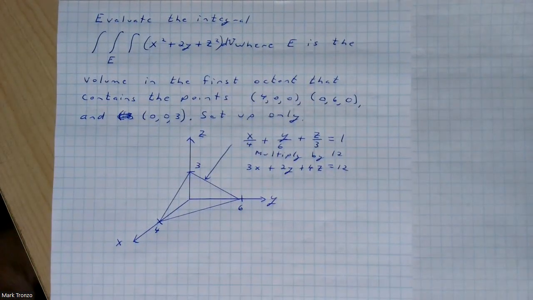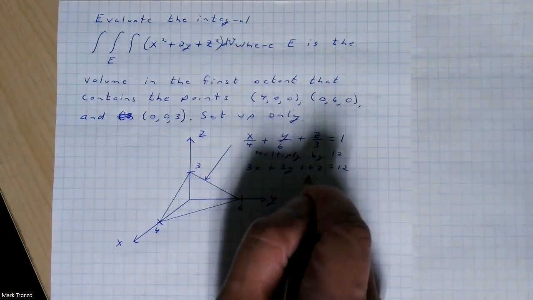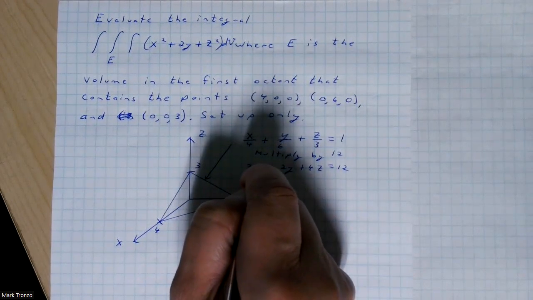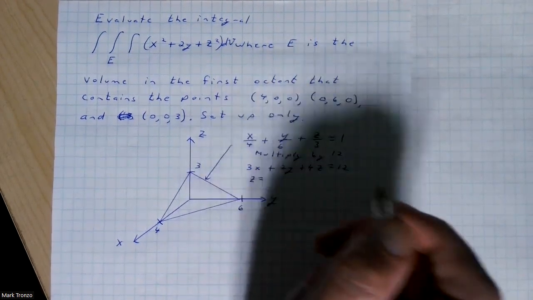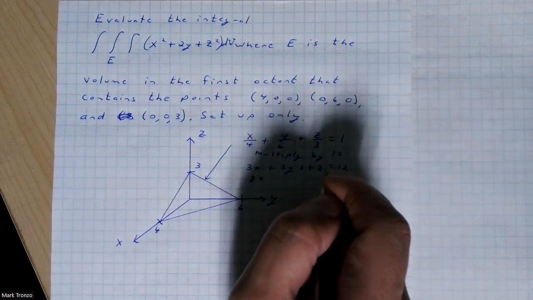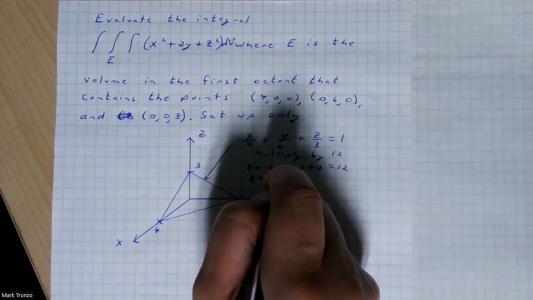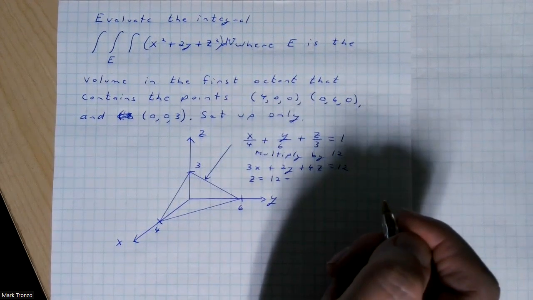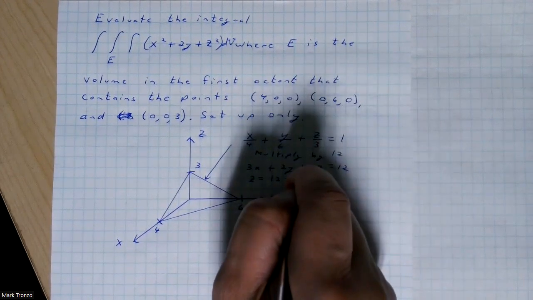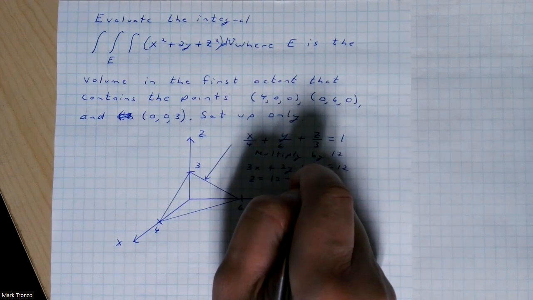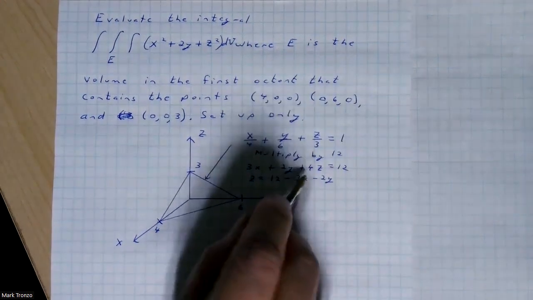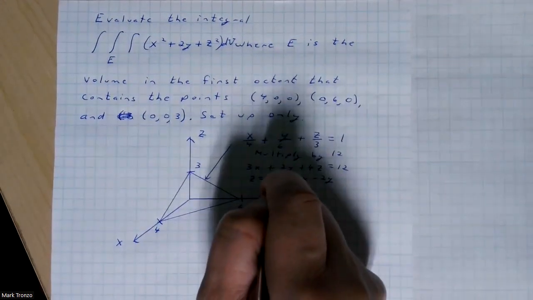Then finally, let's say we integrate in the z direction first. We'll solve for z here. And that'll end up being z equals 12 minus 3x minus 2y, and divide by 4.